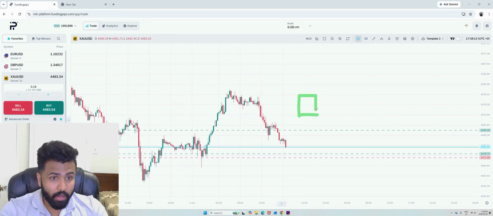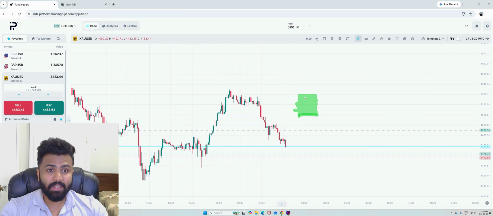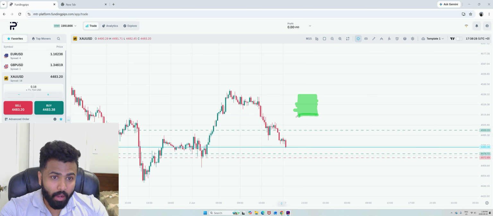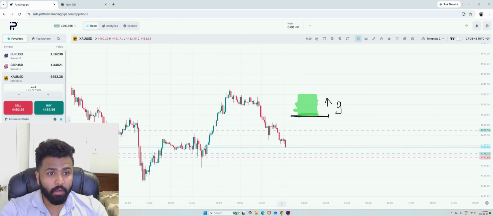So this whole area would become a green candle. First, I will explain the candle. That is a full bullish candle. What is the opening point for a green candle? This is an opening point of a green candle. If the market opens here and it closes above the opening price, then the candle will turn green.